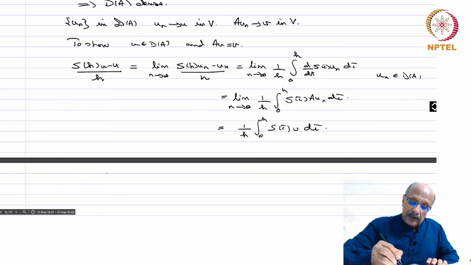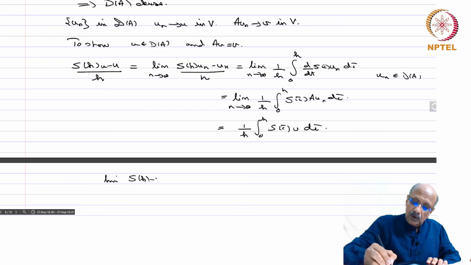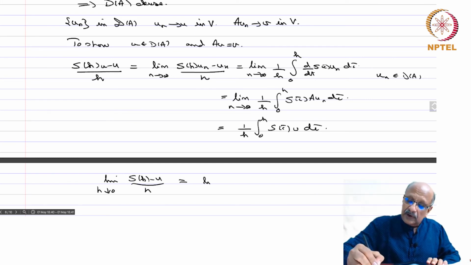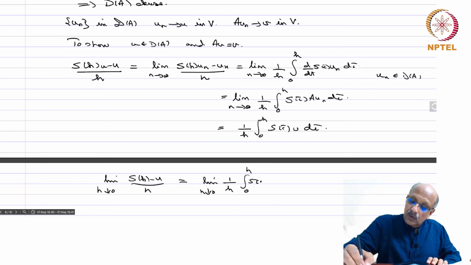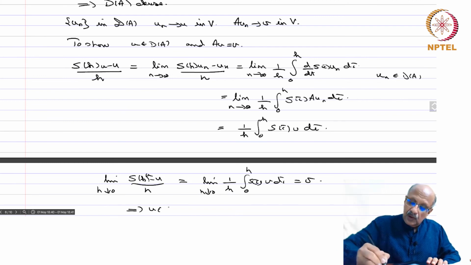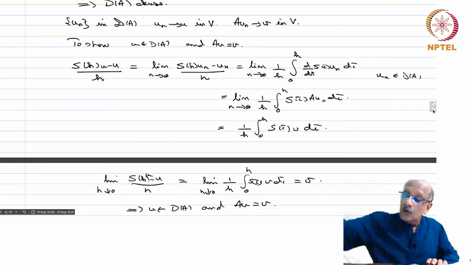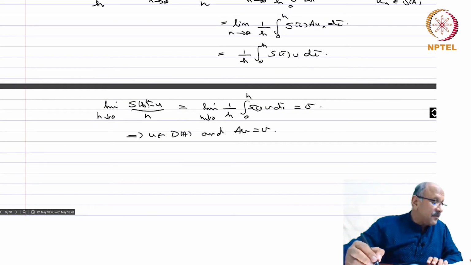So, you now take the limit. So, the limit of S_h of u minus u divided by h as h goes to 0 is equal to the limit as h goes to 0 of 1 by h integral 0 to h S tau of v d tau, which is equal to v, and therefore this implies that u belongs to D of A, and Au equals v, and therefore it is a closed and densely defined operator.